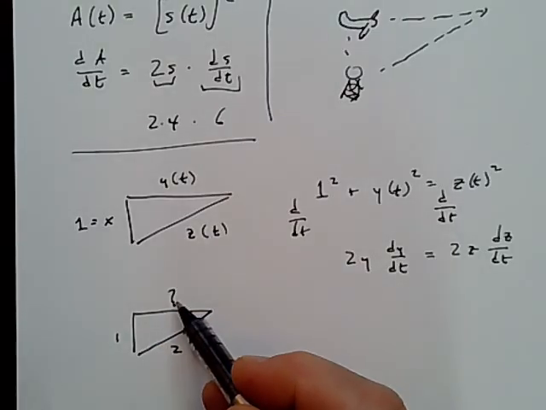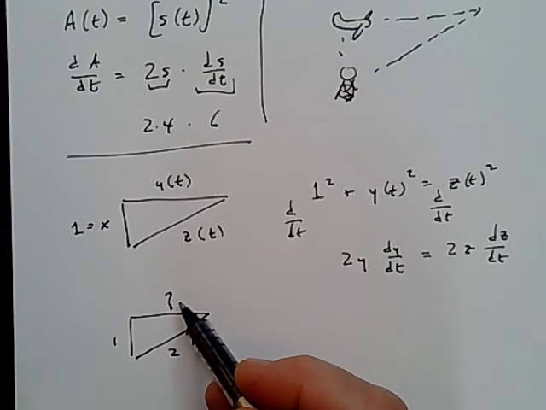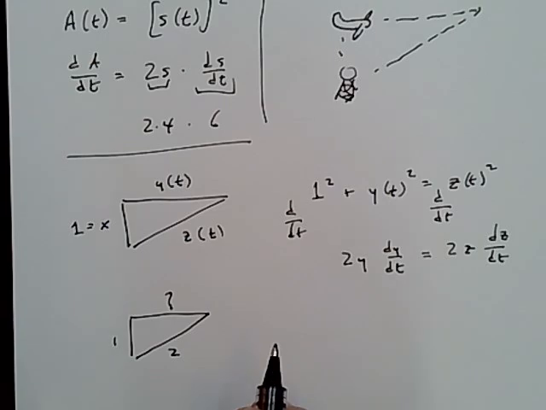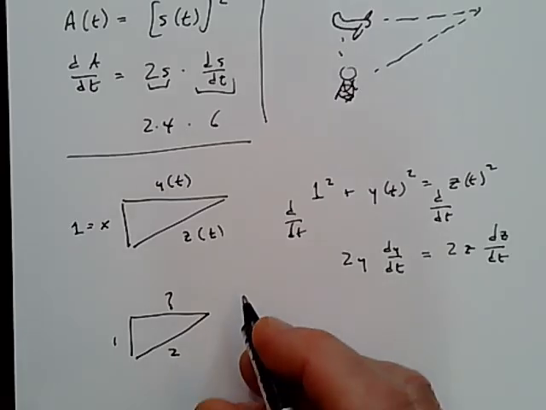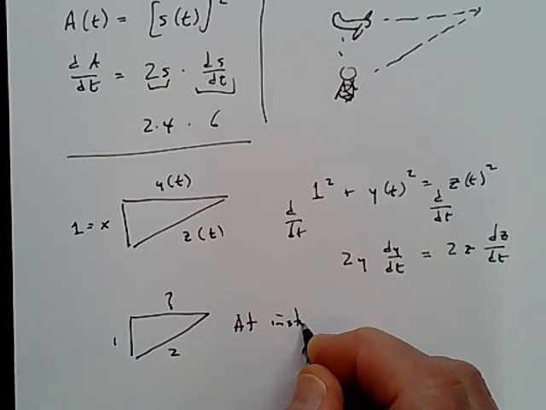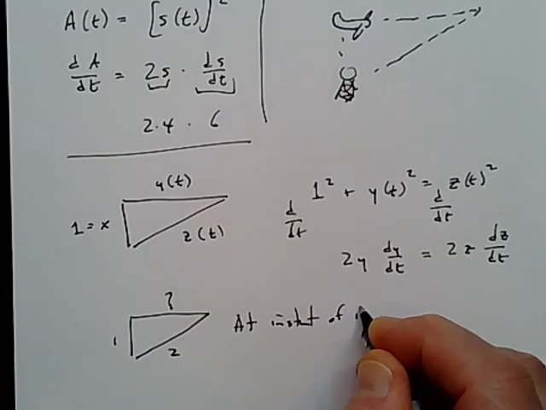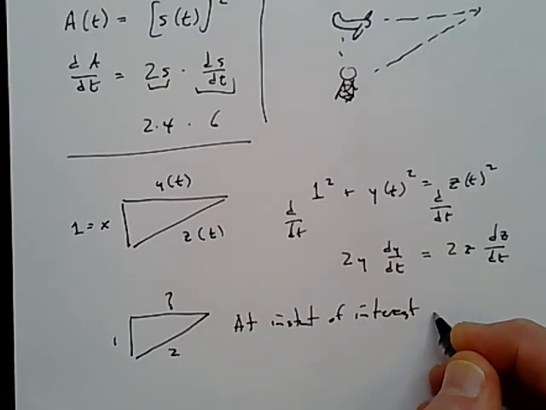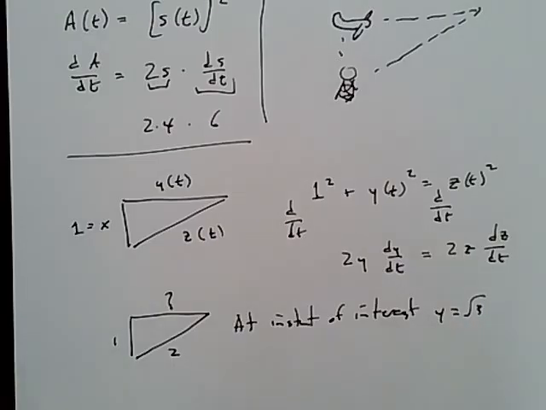Now, if you think the 2 belongs up here in the question, I can see how you could read the question that way, but I'm reading the question to be that that's a 2. So I'm thinking that at the instant of interest, y is square root of 3.